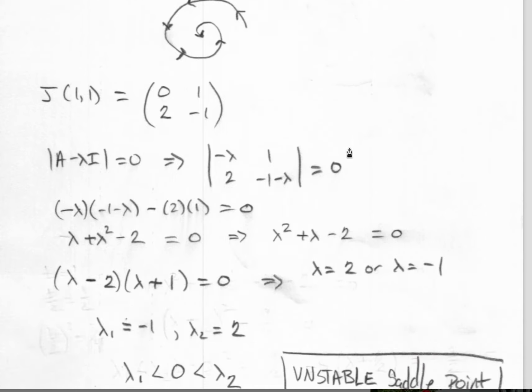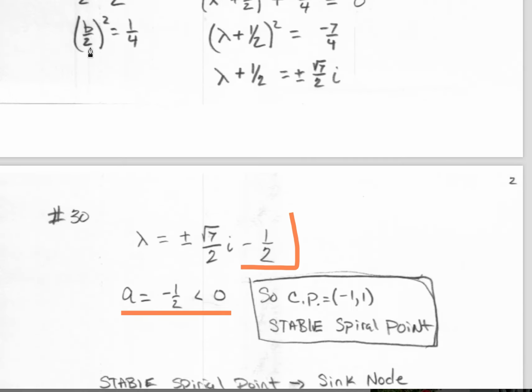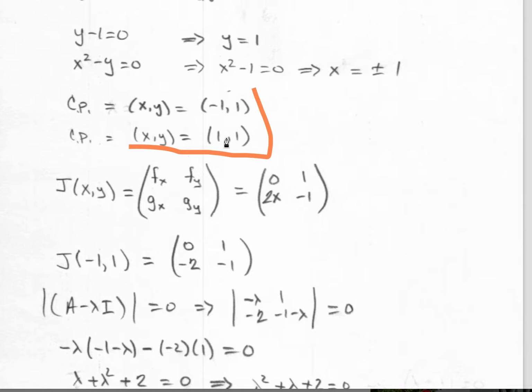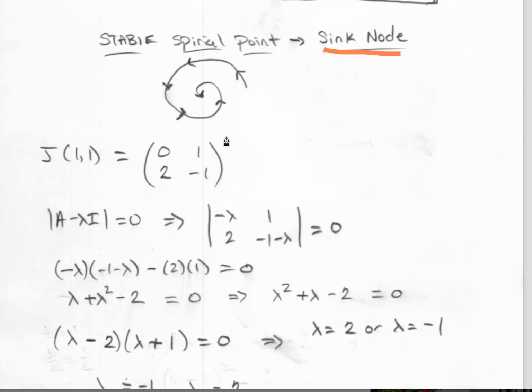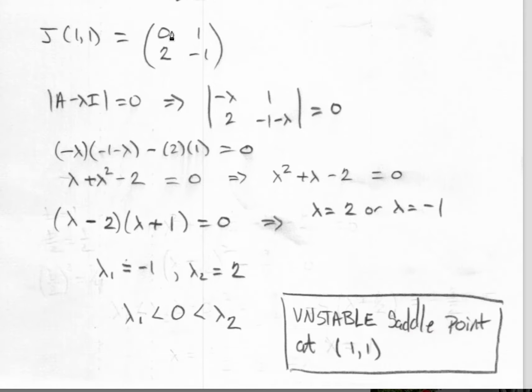Okay, so I did the same thing with the Jacobian at the other critical point, (1, 1), that we found way back here. I plugged in the critical point (1, 1) into the Jacobian, and I ended up getting 0, 1, 2, minus 1. So A minus lambda I, take its determinant, set it equal to 0, and I end up getting lambda equals 2 or lambda equals -1.